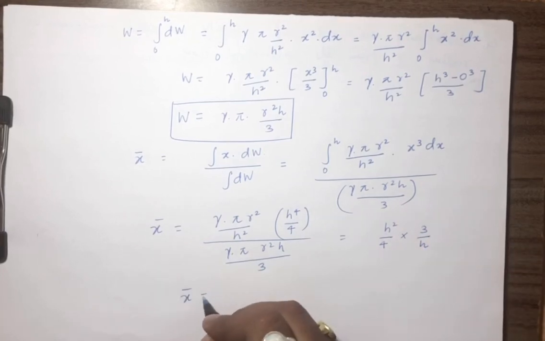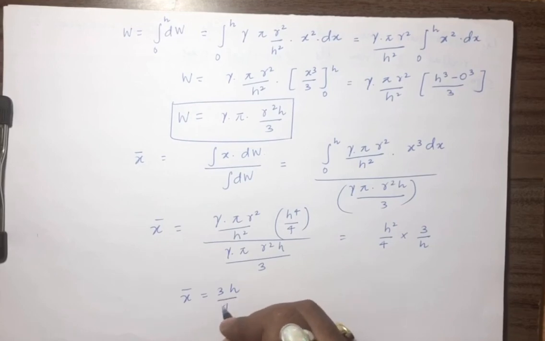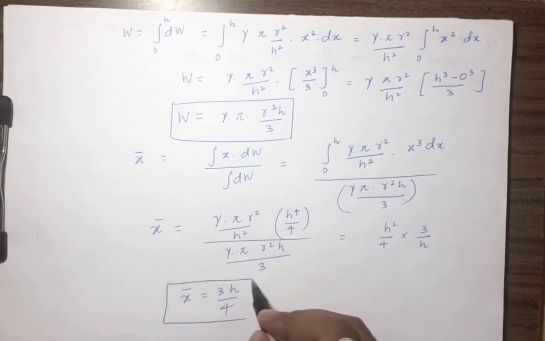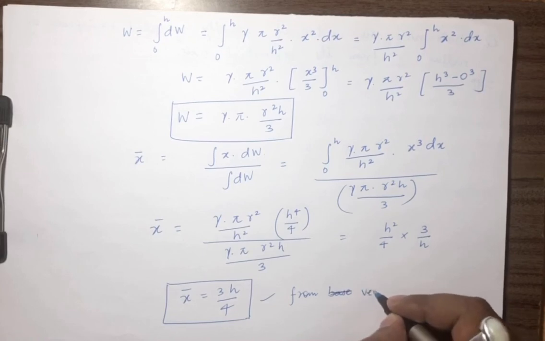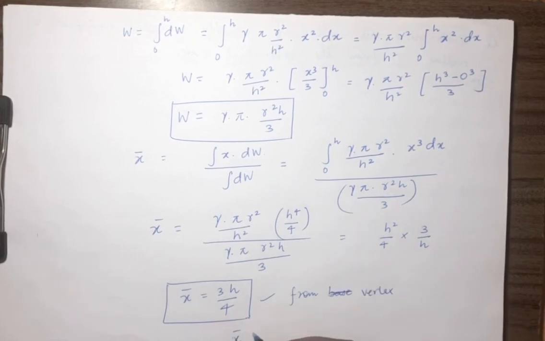So x bar is 3 by 4 into h. Okay, so in this way you can solve the problem. And this is from where? From base. Okay, sorry, this is from vertex. x bar will be h by 4 from base. Clear? So in this way you are going to solve.